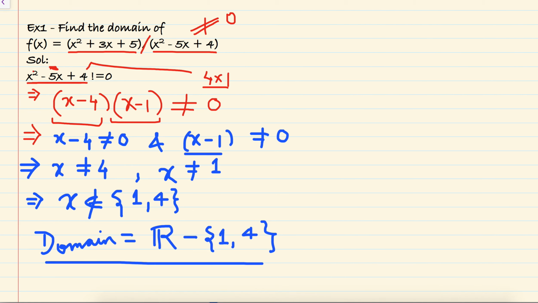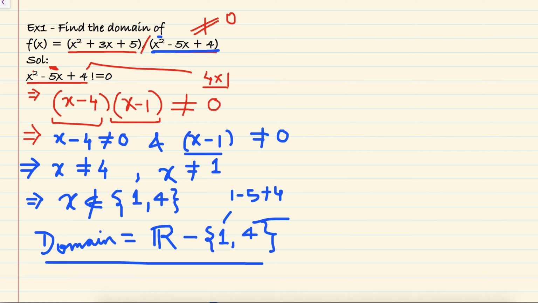So the only thing we have to take care of is that this denominator term should not be equal to 0. If we put x as 1 here, it becomes 1 minus 5 plus 4, which will be 0.